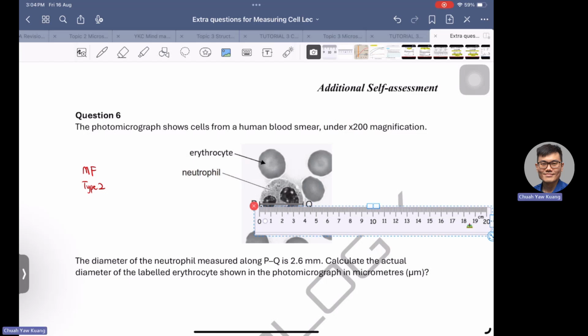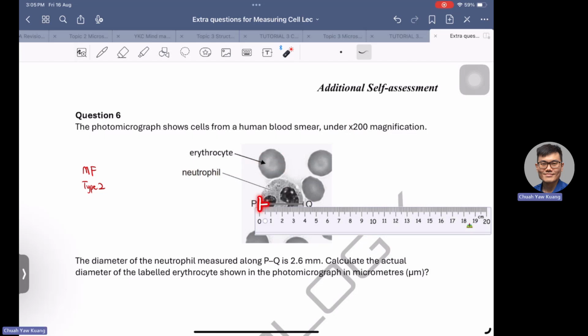Same thing again, I'm using my physical ruler to measure it on my screen or on the paper, and I find out that it is not exactly 2.6 mm. So when we find that the measurement given is not the same as our own ruler, then we have to find the actual measurement for this cell first.